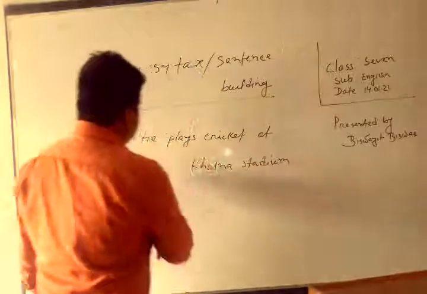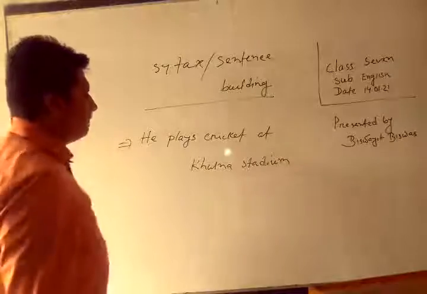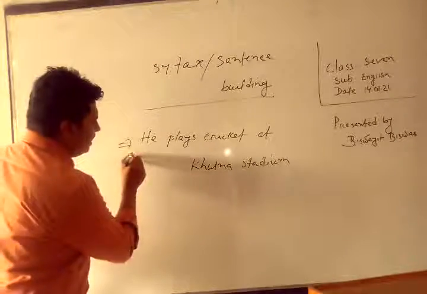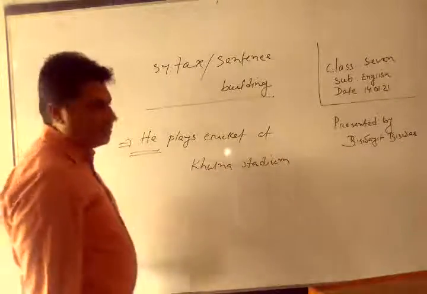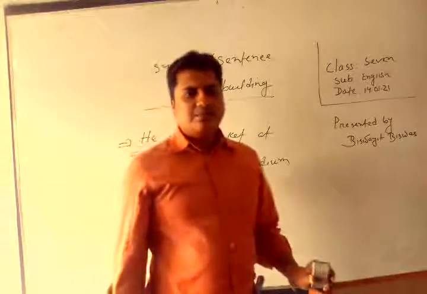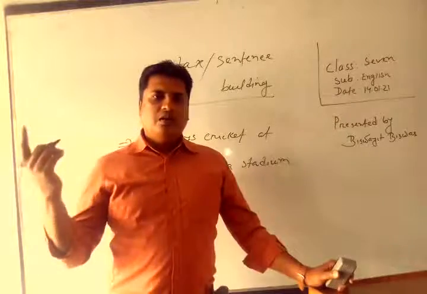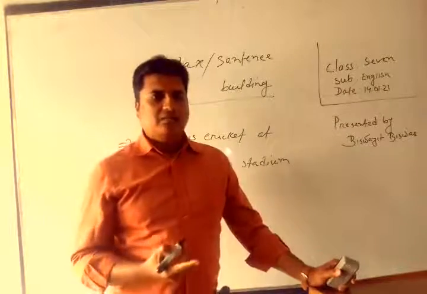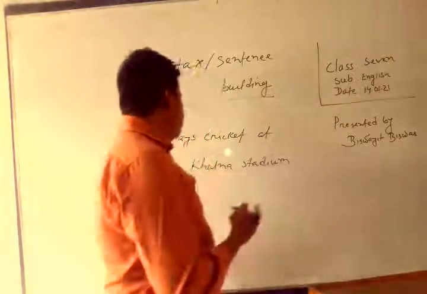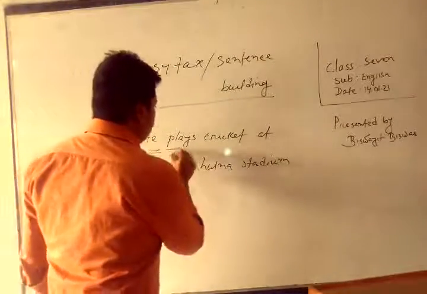Okay, he plays cricket in Khulna Stadium. Then we can find 'he' stands for subject. He is a subject because it has been placed before the verb 'play'. Okay, he is subject.